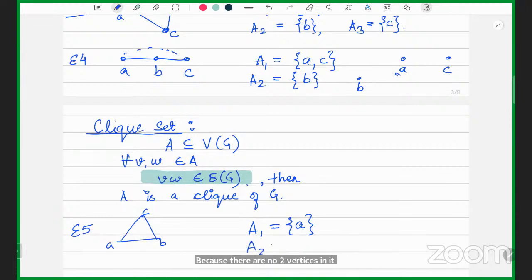If I had chosen AB, is that a clique? Sure, because AB share an edge. Similarly, AC and BC will be cliques.